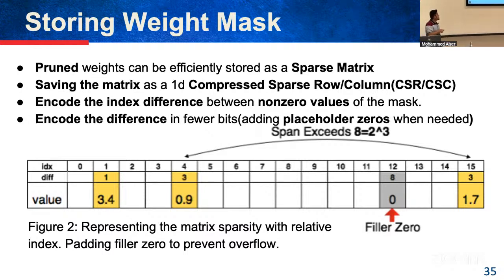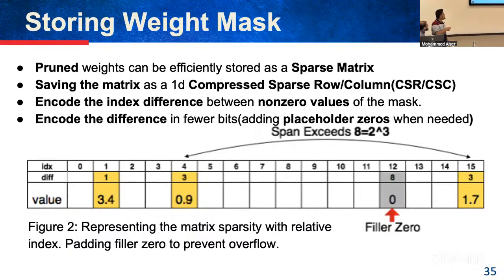So they suggest an idea: how can we efficiently store multidimensional data using one-dimensional data by keeping track of the non-zero values only, as well as the index difference of the non-zero values. If there is a long gap, then the integers need more bits for the difference. That is why they use filler zero, right?